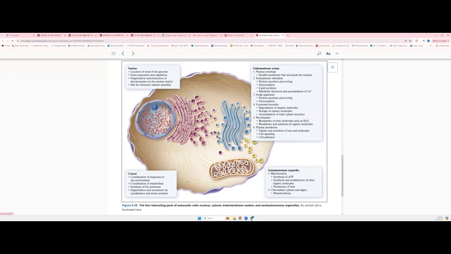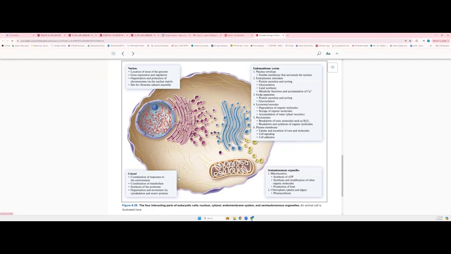And then the cytosol is also where some types of protein synthesis happen. Why is this protein very important? Because it's an important enzyme for degrading proteins.